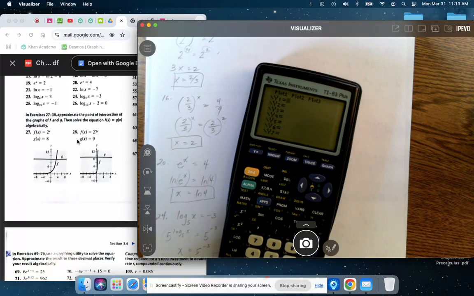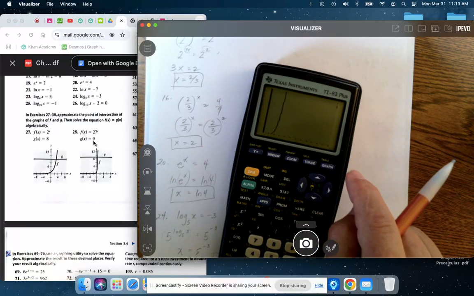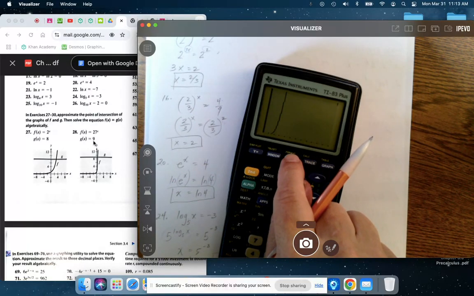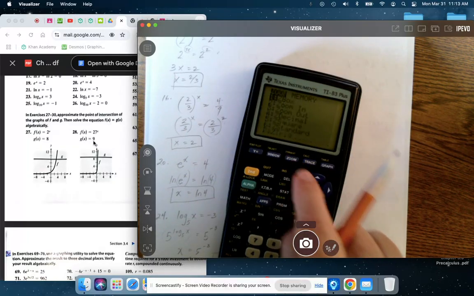And for number 28, I'll just put in f of x equals 27 raised to the x, and also g of x equals 9. So this is just 9. I can graph those. I'll hit zoom 6 to get a regular window.